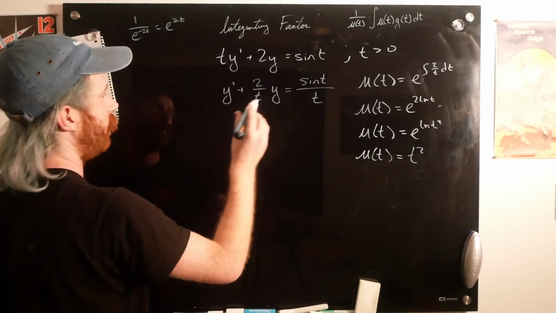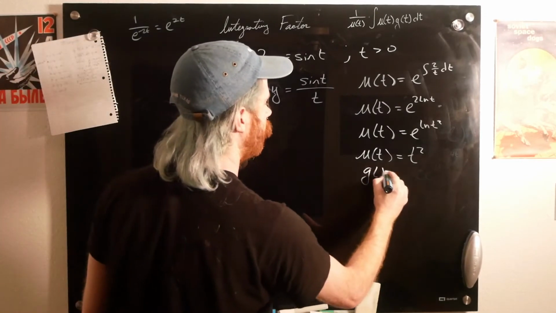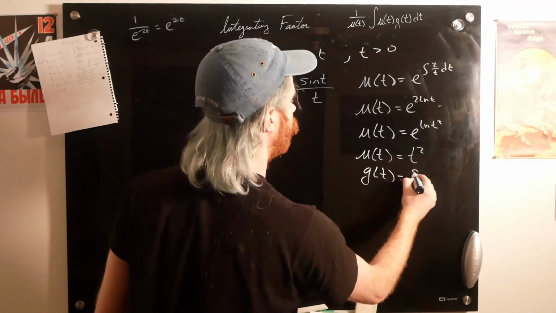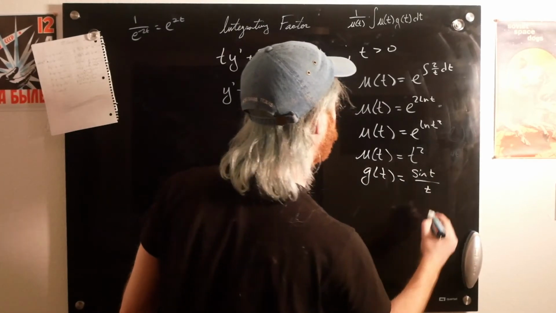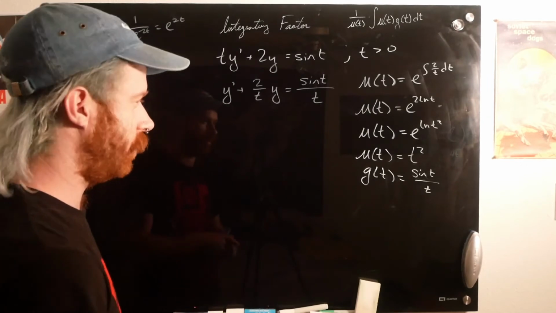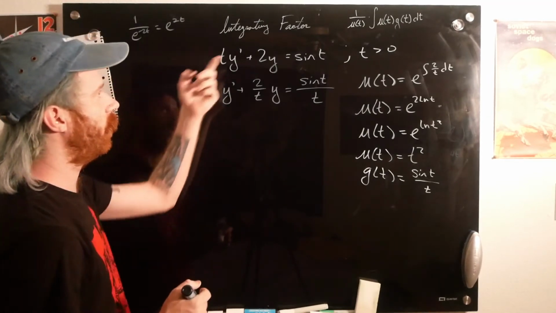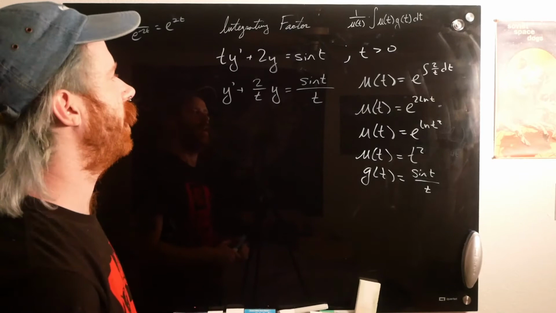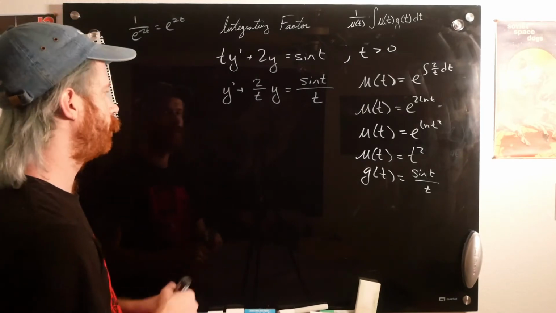And we know that g of t equals sine of t over t. Right? So now that we have those two values, we can plug into our integrating factor formula and find the solution to this differential equation.